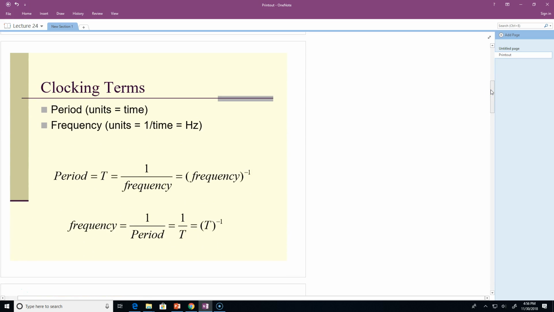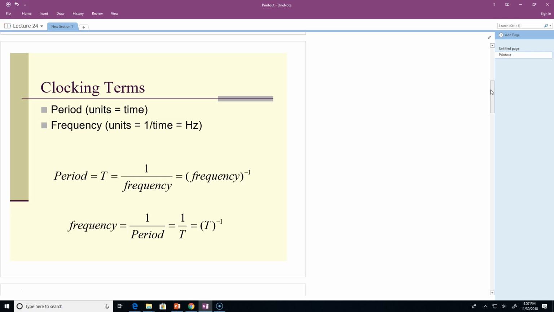Okay, so we've talked about this before. Essentially, it has to do with frequency and period, and the relationship between frequency and period is a reciprocal relationship. Frequency has the units of seconds to the -1, or time to the -1. Frequency also uses the metric of hertz.